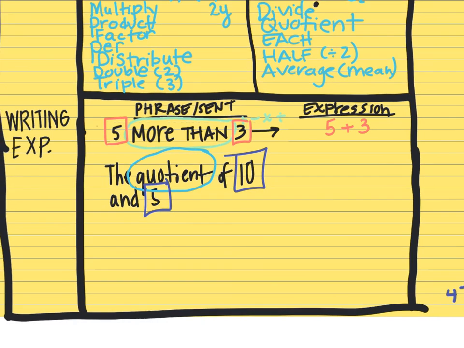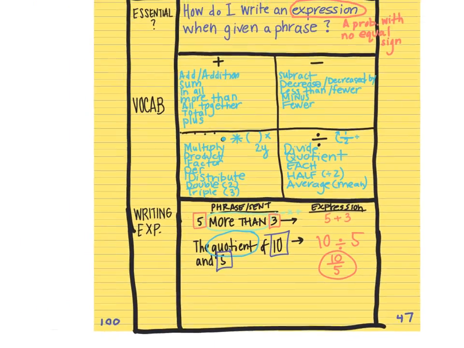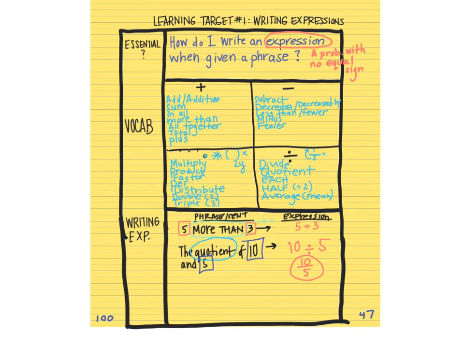If we look up at our vocabulary, quotient is under division, so I know it's a division problem. So I can write my division sign. Even though it's division, I'm going to show you the way we usually do it. It says 10 and 5, but typically in algebra, we would write it like this. This is the one you want to make sure that you know how to write down. With that being said, make sure that you have your notes completely done, and then you'll be practicing some.